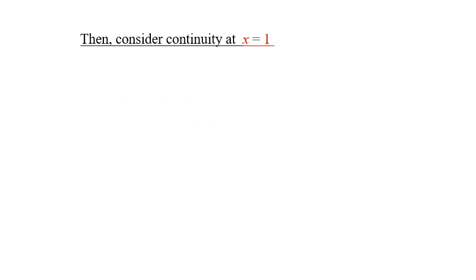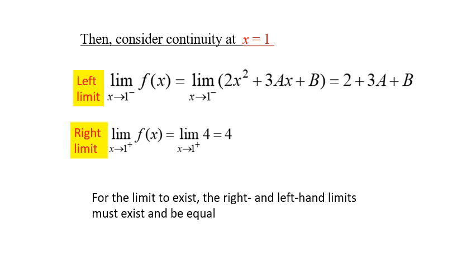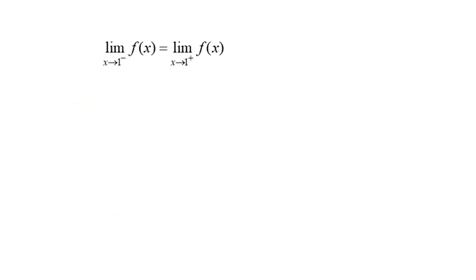And then another continuity, this time at x equals 1. We also use the same concept. Since it is continuous, the limit exists, so we can equate the left-hand and right-hand limits. So this is the left and right-hand limit, and we equate these two.